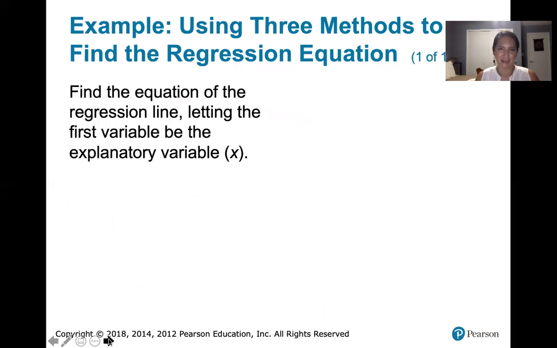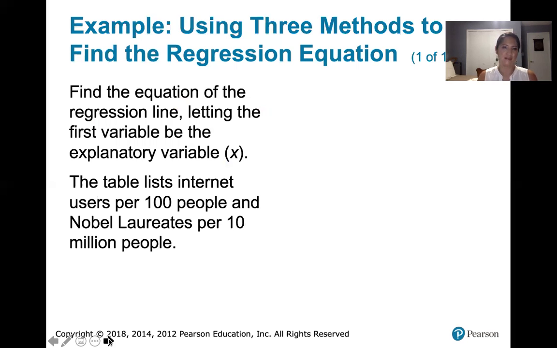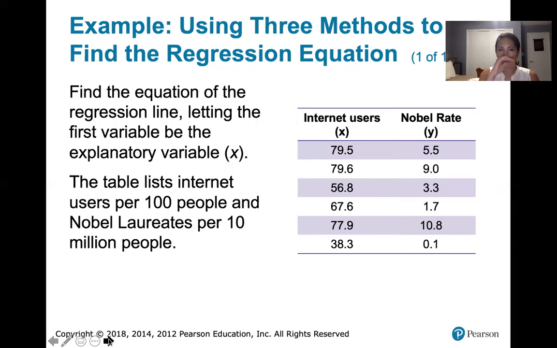Let's actually apply that in an example. Here we're asked to find the equation of the regression line, letting the first variable be the explanatory variable x. The table, which is about to appear on the screen, lists internet users per 100 people and Nobel laureates per 10 million people in 6 different countries.